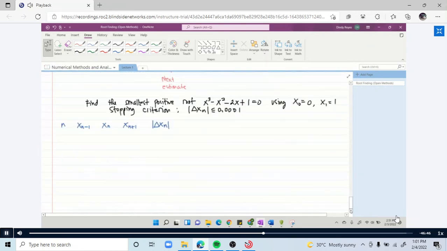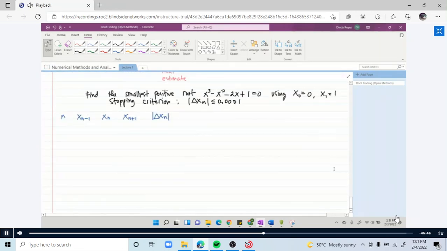Now, ilan kayang iterations? Now, I will start with n equals 1, not 0. Kasi, bakit? We have here x sub n minus 1, ano? And whenever n is equal to 1, this becomes x sub 1 minus 1 or x sub 0, which is exactly what is given here.